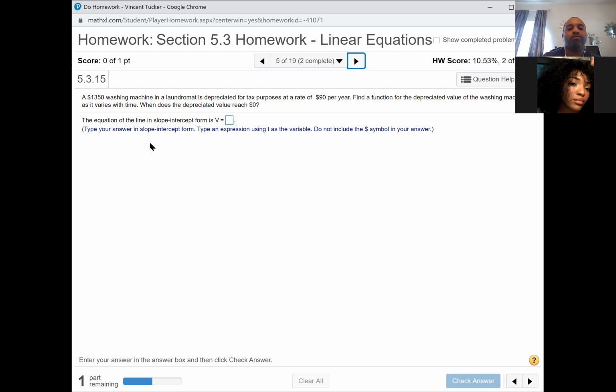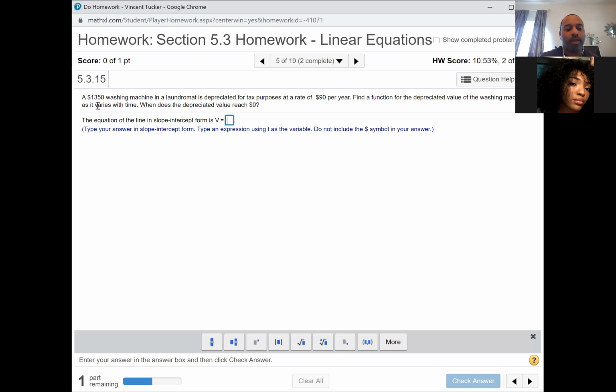All right, so we want to write this equation. Notice V is going to equal value, and notice right here, T is the variable. So when we talk about this equation, it starts off at 1350, then it depreciates. In other words, it's going to lower in value at $90 per year, and T is going to represent years for us.